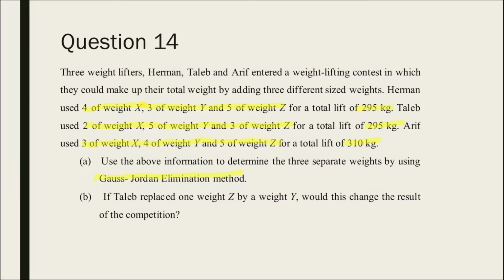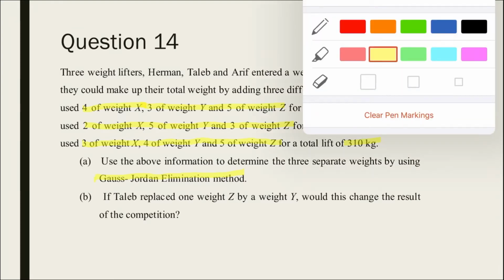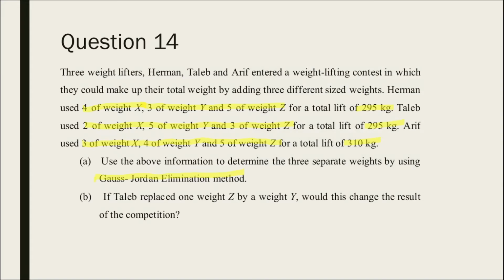So this question wants us to use Gauss-Jordan elimination method, so we're going to answer that part first. To use it, the first thing is to write the equations for Herman, Talib and Arif.